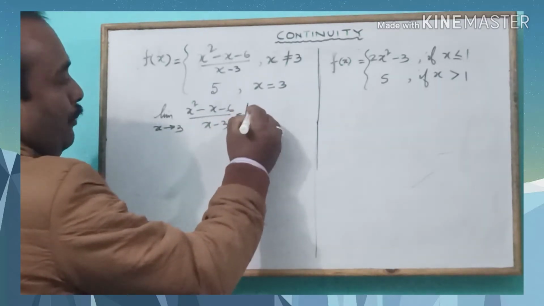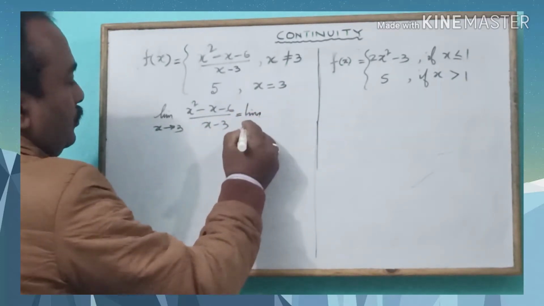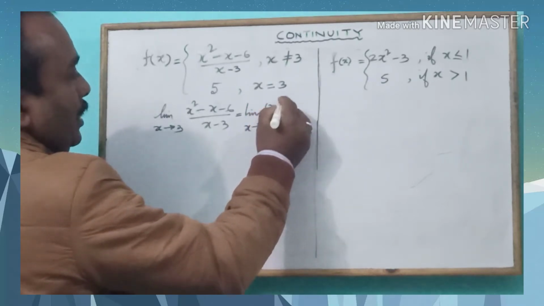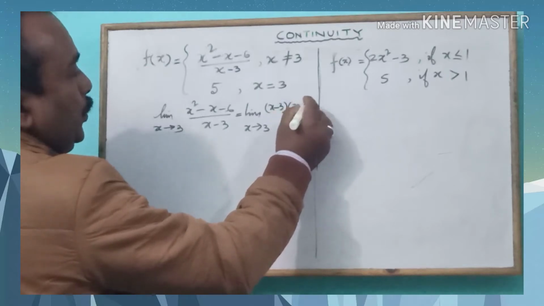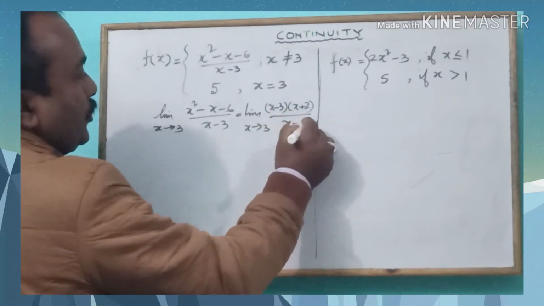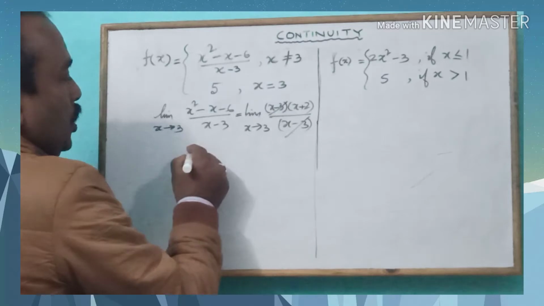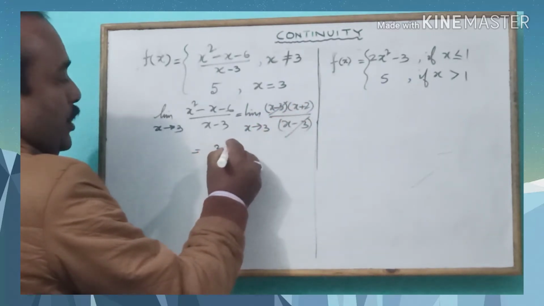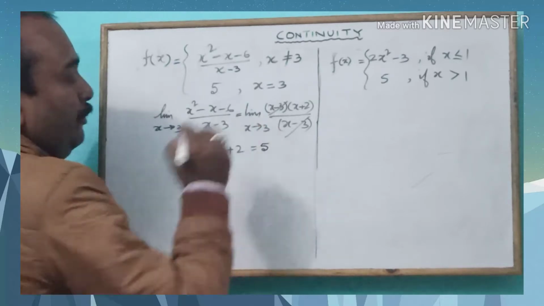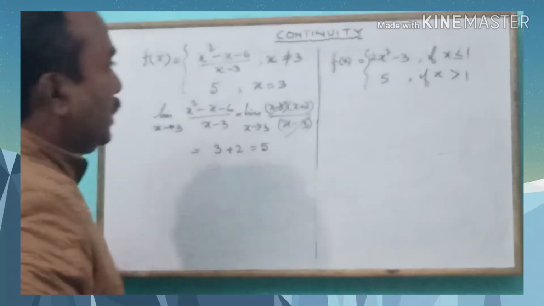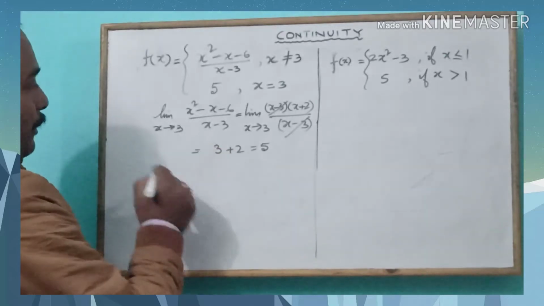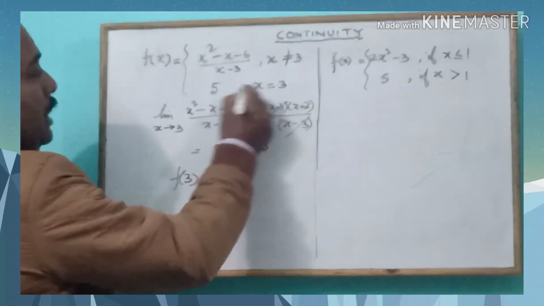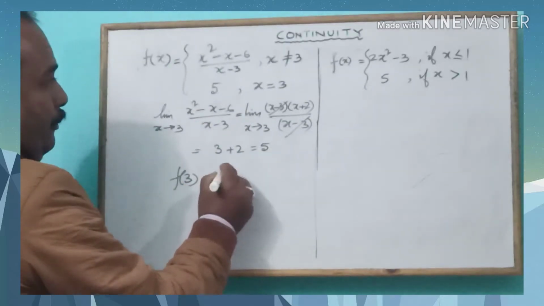We know how to find the limit. We find out the factors. It will come (x minus 3)(x plus 2) divided by (x minus 3). x minus 3 cancels. So we put the value now, since it is a finite value, 3 plus 2 equal to 5. So the limit of the function as x tends to 3 is 5. And the functional value at x is equal to 3 is given 5.